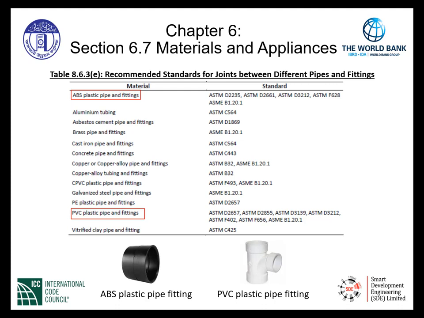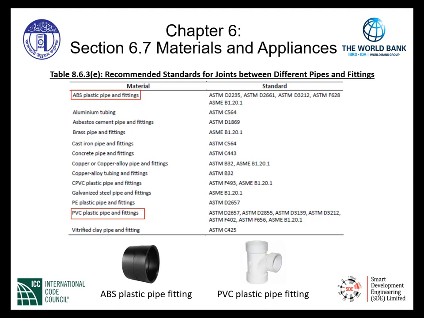Table 8.6.3E, titled Recommended Standards for Joints Between Different Pipes and Fittings, allows us to locate materials and standards for different types of pipes and fittings accordingly. As an example, all of the materials are indicated in the left-hand portion of the table and the standards in the right-hand portion of the table. Again, we have an example of an ABS type of material.